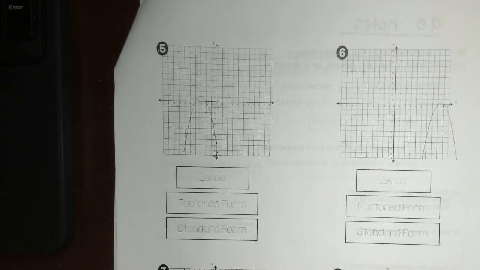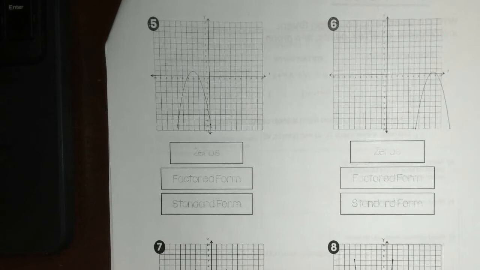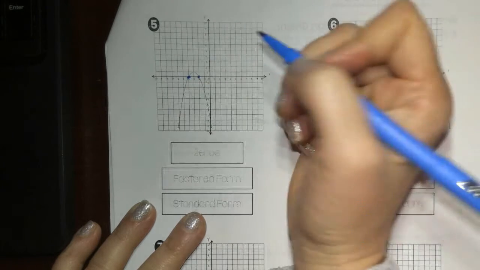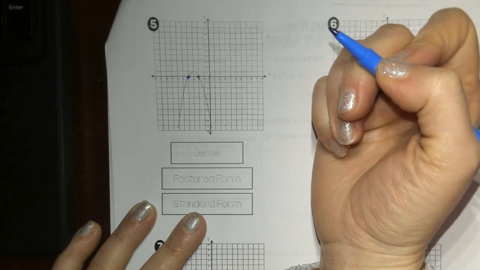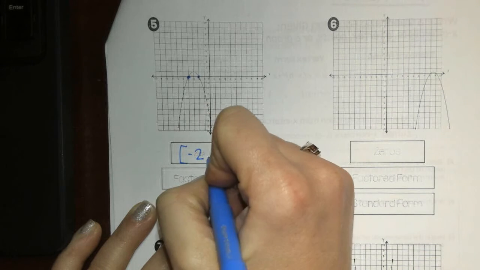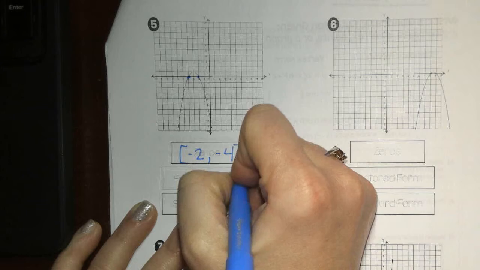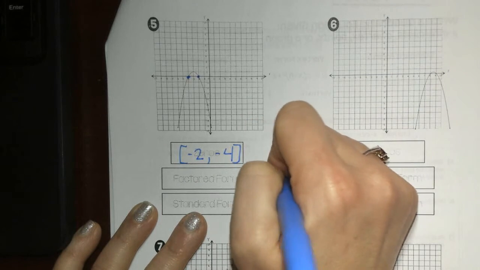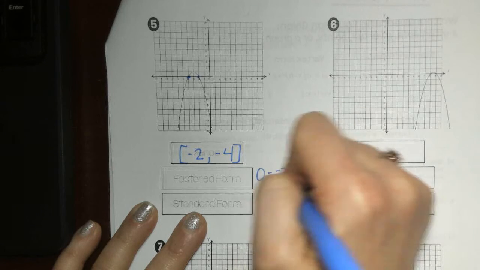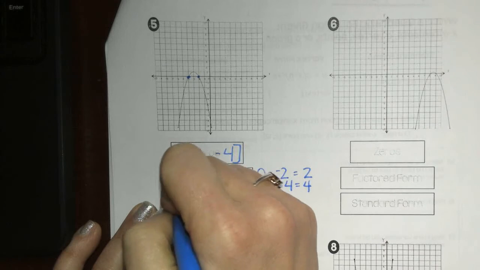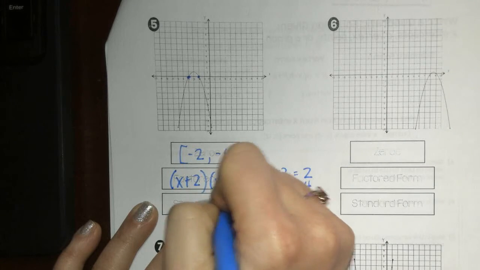Again we have your zeros, a -2 and a -4. We're going to say 0 minus -2 is positive 2, and 0 minus -4 is positive 4. So we have x plus 2 and x plus 4.